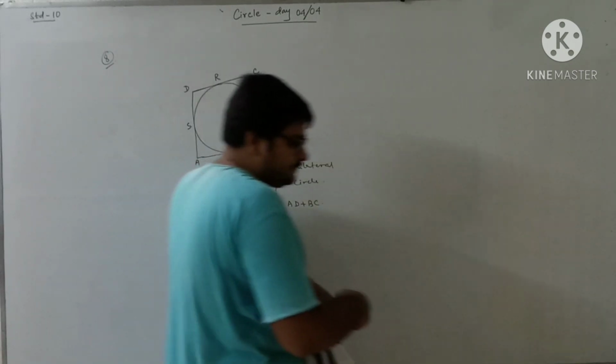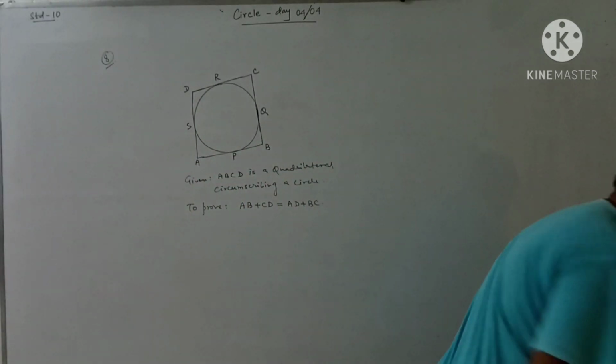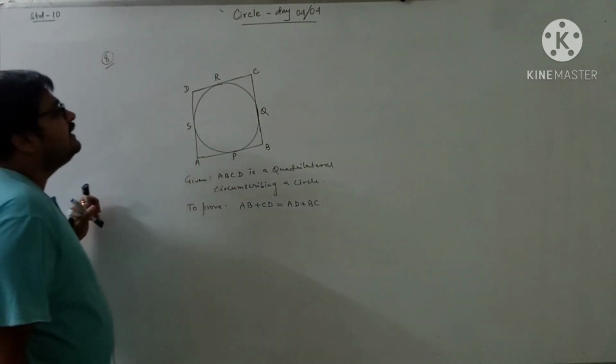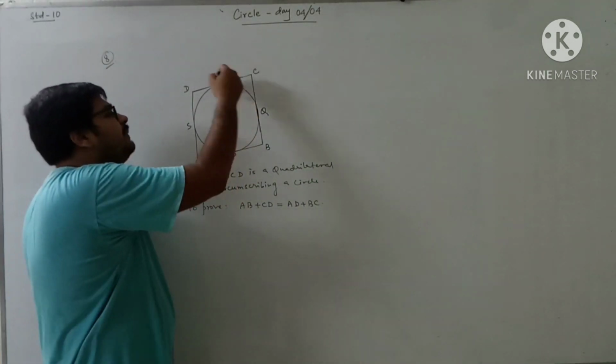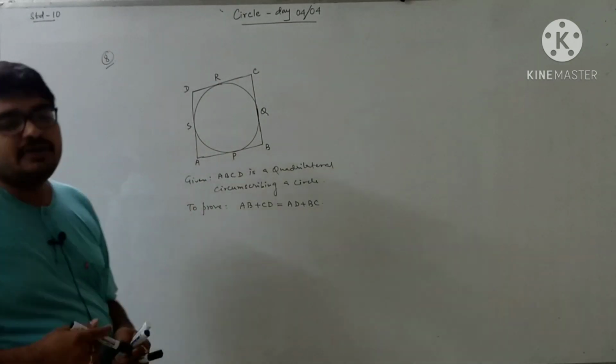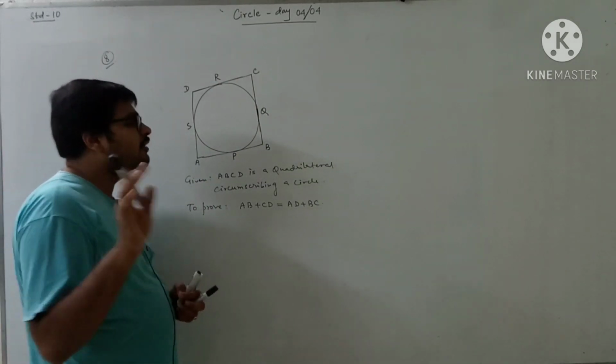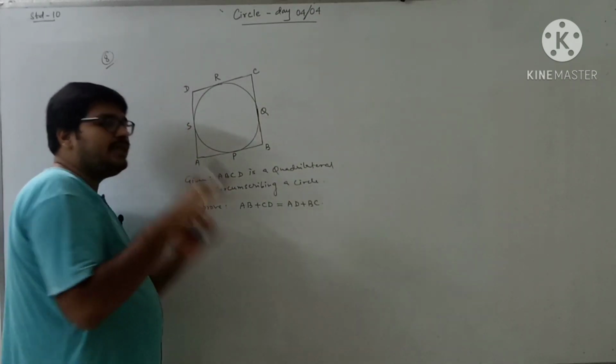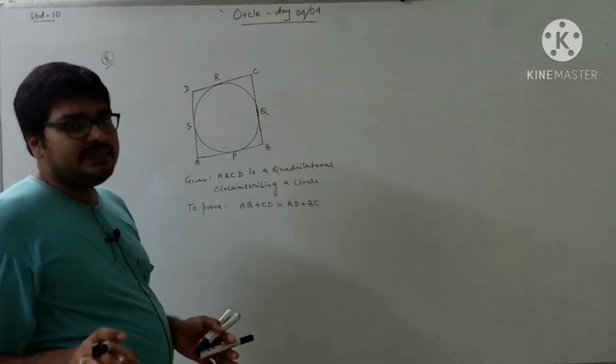Now look here, we have already learned a property that from an external point, whenever we draw tangents, they are equal to each other, correct? And I think all of you know this, that from any external point only two tangents can be drawn and those two tangents are equal to each other.